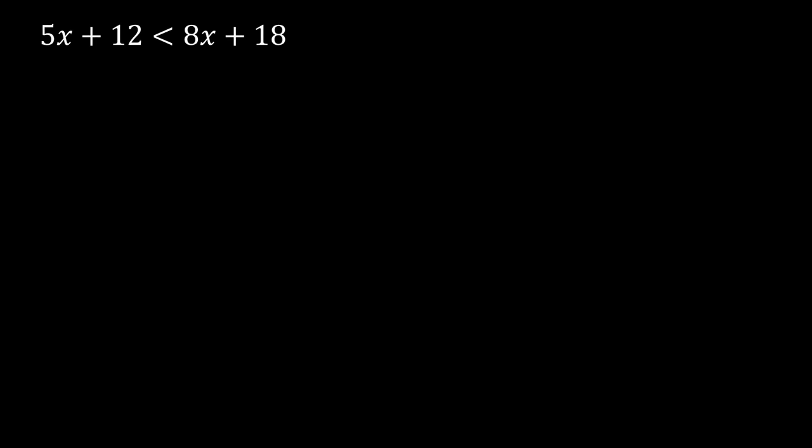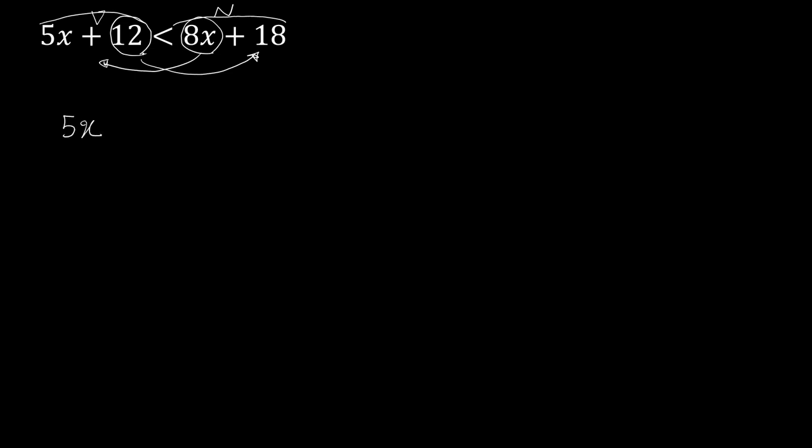Let's solve the next example. I'm going to solve this example by the transposition method. This side for variable, this side for number. Here 12 is extra because I do not want a number here, so I must move it to the other side, but I need to change the sign. And I must move it to the first side. Okay, I have 5x.